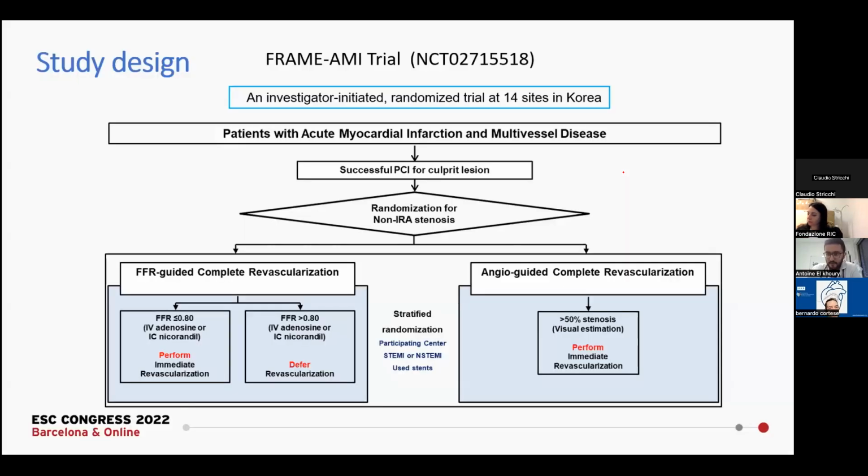But a new study that was published at ESC 2022 was called the FRAME AMI trial. It was a study done in South Korea. After initially stenting the culprit lesions, they randomized patients into two groups. A first group where they did FFR on the remaining lesions, and a second group where they didn't do FFR and just did the revascularization angiographically, so visually.